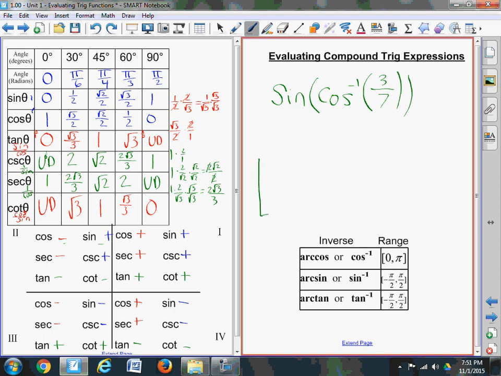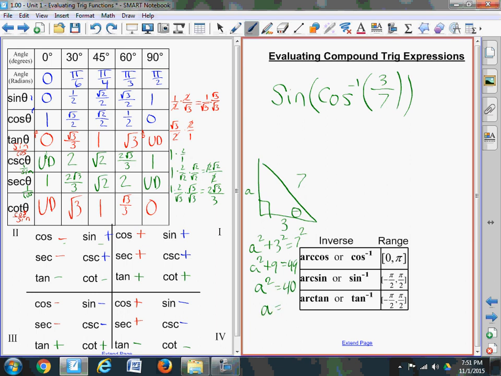This is where you'd have to diagram it. So that'd be 3, that would be 7. I need to find this side. So it would be a squared plus 3 squared equals 7 squared. A squared plus 9 equals 49. A squared equals 40.